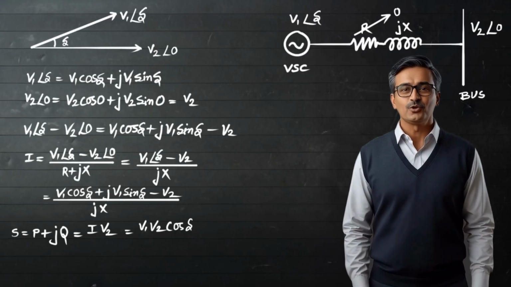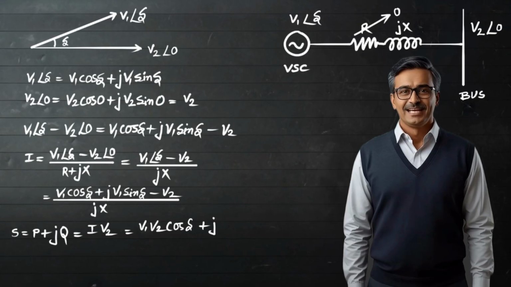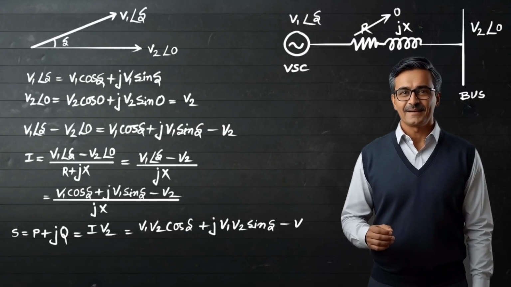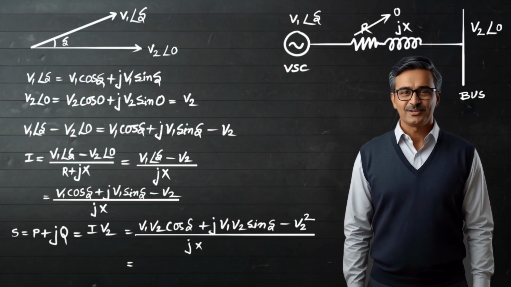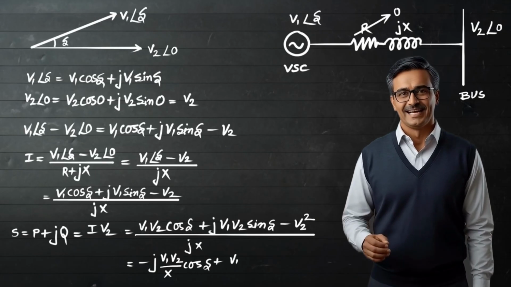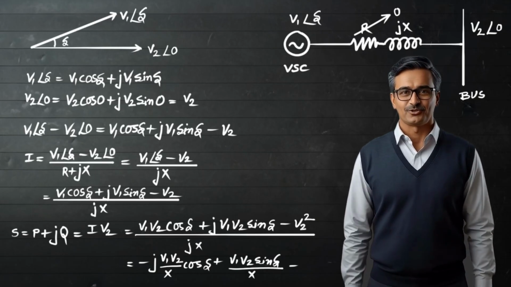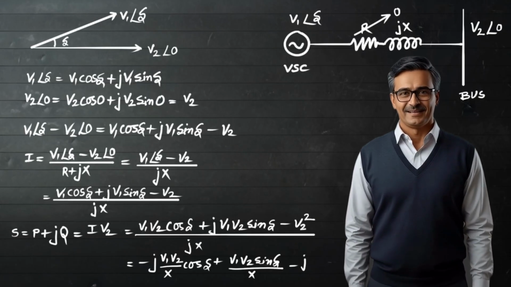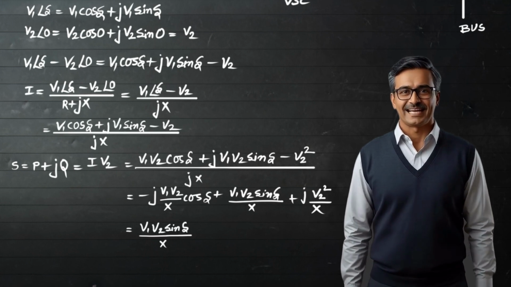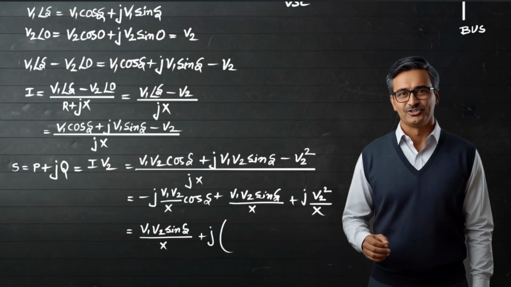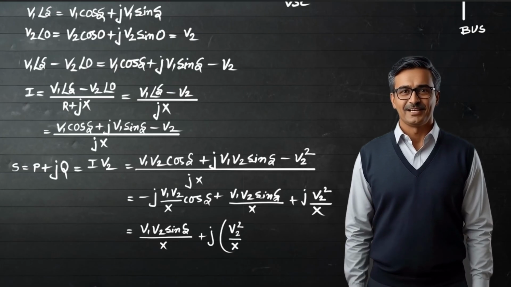V1 V2 into cosine delta plus jV1 V2 into sine delta minus V2 square, whole divided by jX, equals minus jV1 V2 by X into cosine delta plus V1 V2 sine delta by X plus jV2 square by X, equals V1 V2 sine delta by X plus j within brackets V2 square by X minus V1 V2 by X into cosine delta.